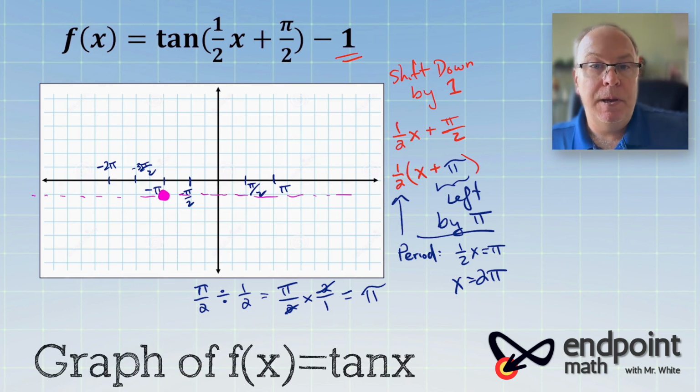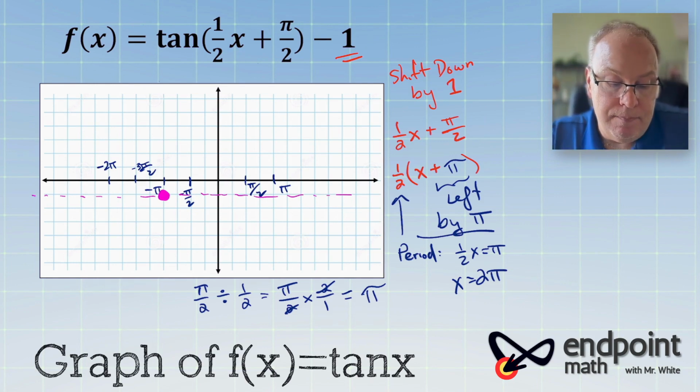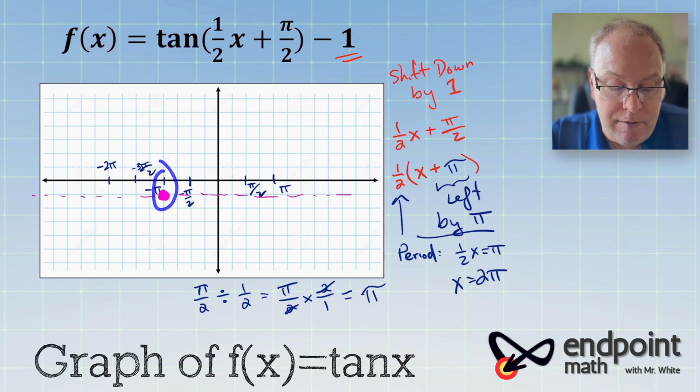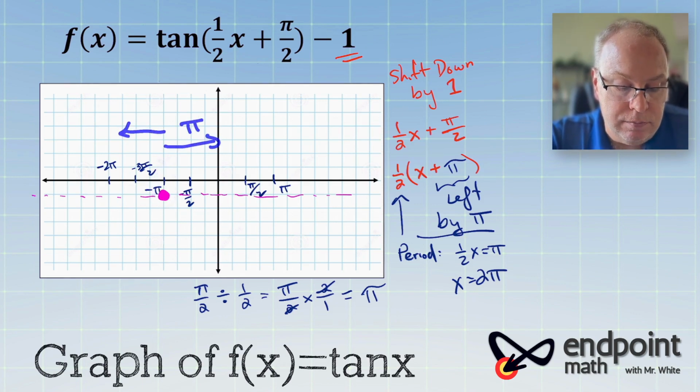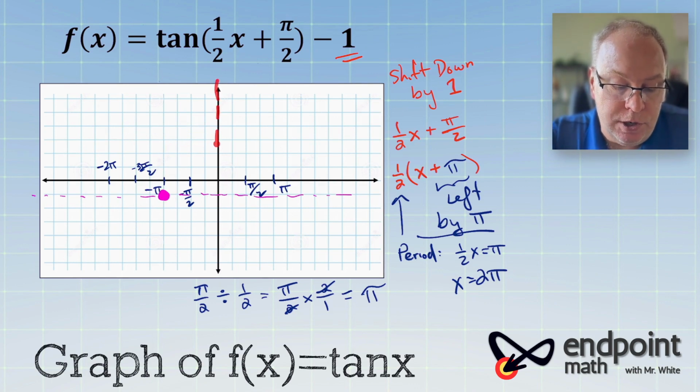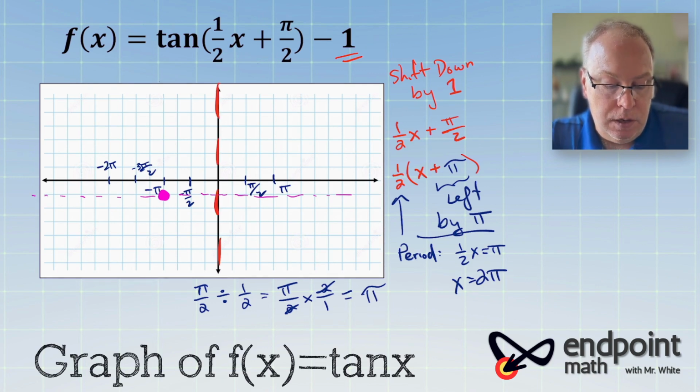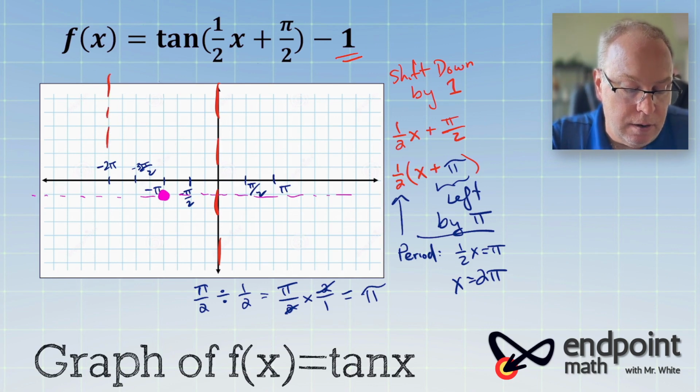All right, now the period, how wide is it again? The period is 2 pi. So I'm at negative pi, so I got to go a pi in either direction, right? So that would put me out here. So let me draw my asymptotes. Here's my asymptotes, like that. And then I come over here to right here.